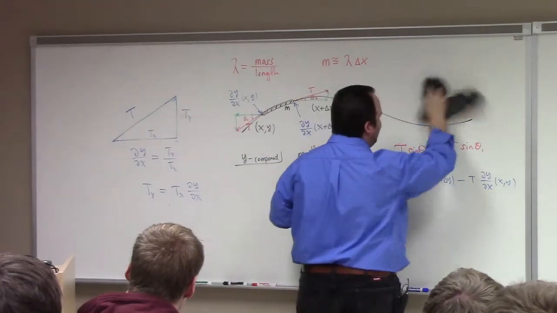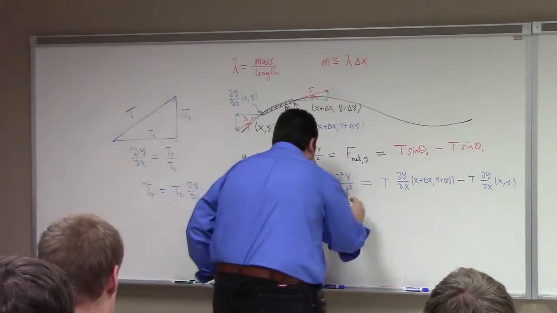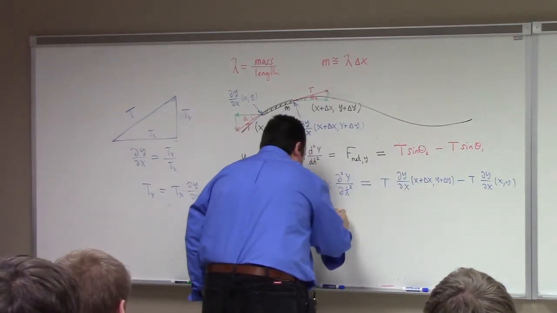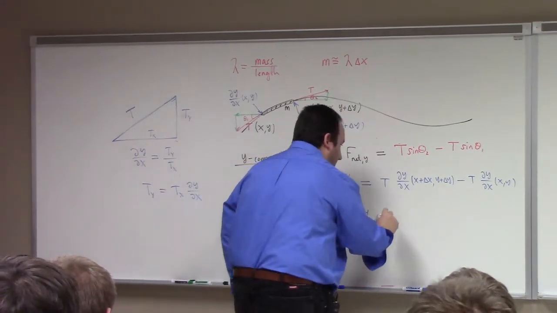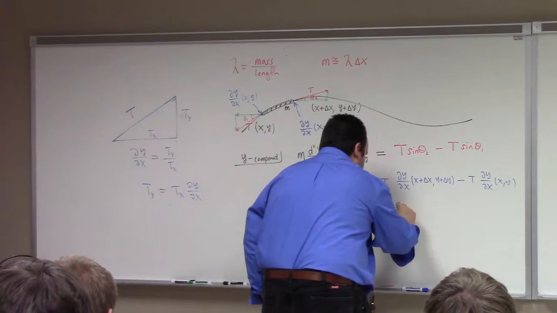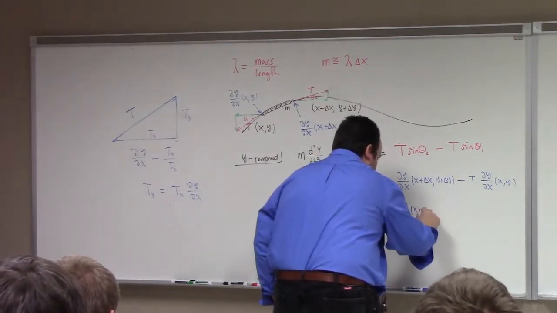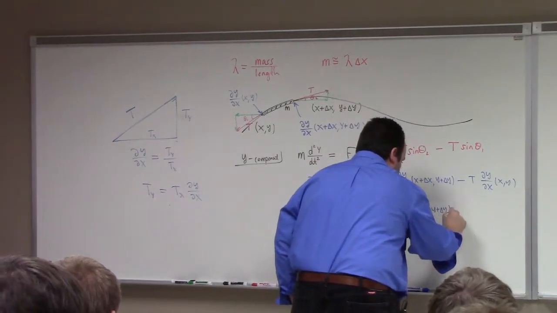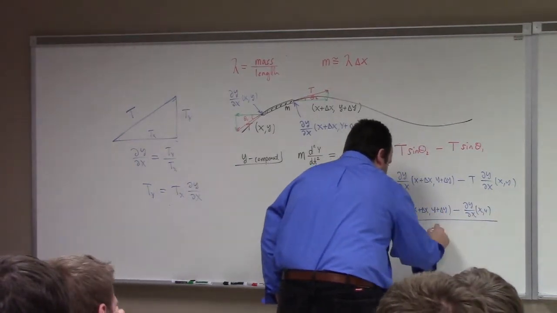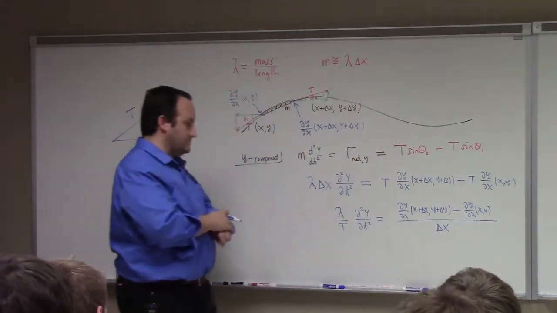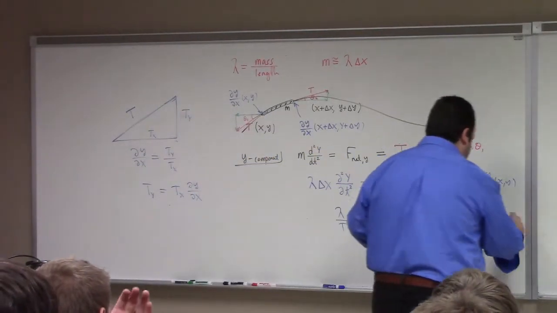So hand waving aside, we have this, and then what happens when you divide by delta x? I'll put t as a constant, bring it over here. We get lambda over t, partial squared y, partial t squared, equals partial y partial x at x plus delta x, comma y plus delta y, minus partial y partial x at x comma y, all divided by delta x. And we consider the limit. What happens as delta x goes to 0?